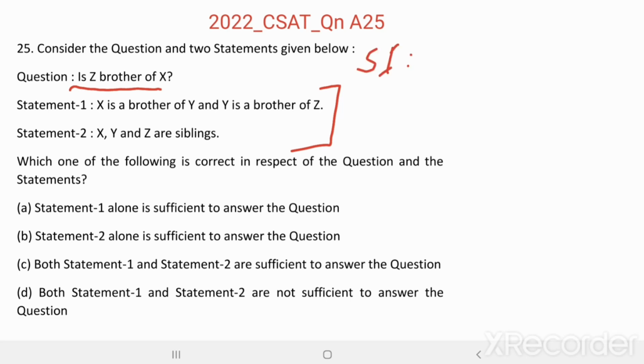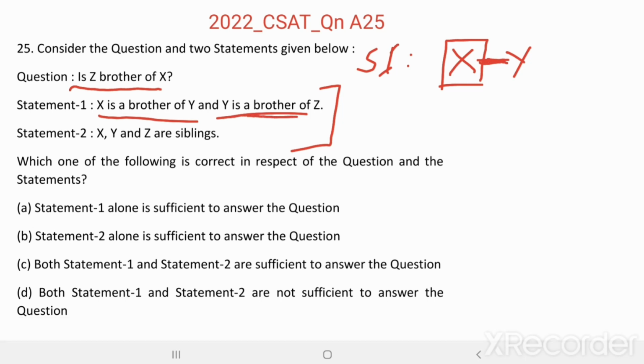Statement 1. X is a brother of Y and Y is a brother of Z. X is a brother of Y. Here I am representing male member in a square and the same generation with a horizontal line.